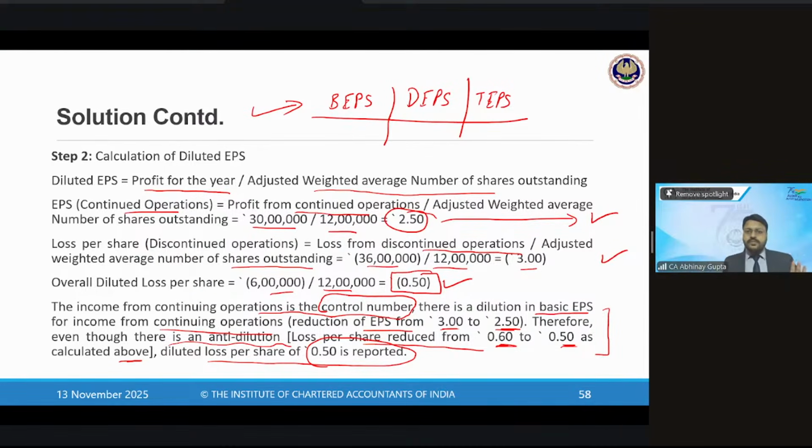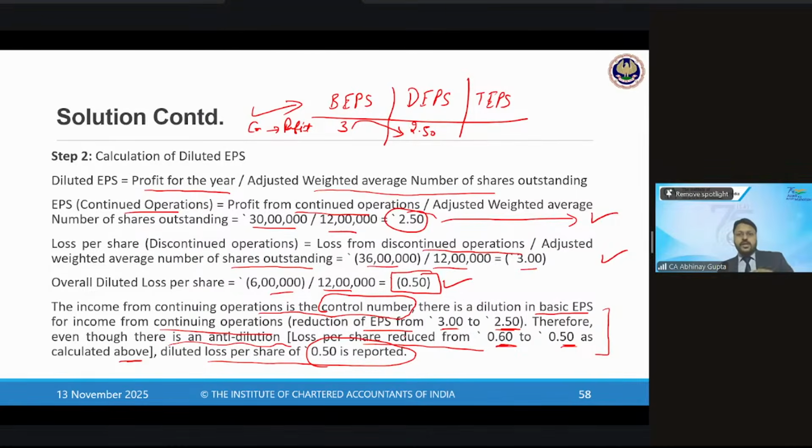Did you understand what I mean to say? If continuing operations had a profit, then if basic earning per share is 3 and diluted earning per share is 2.5, then it means this is decreasing. Yes or no? Yes.